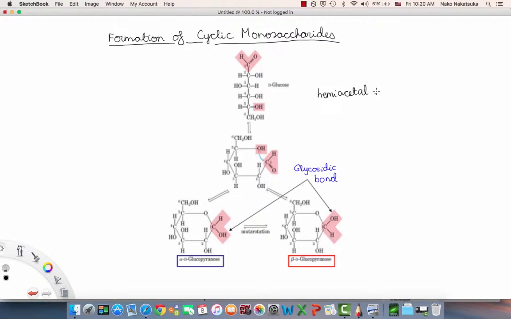which I'll talk about in a little bit, producing either of 2 isomers, the alpha or the beta, and they differ in the anomeric carbon. And when I talk about what the anomeric carbon is, this is the carbon of the carbonyl in the acyclic form.